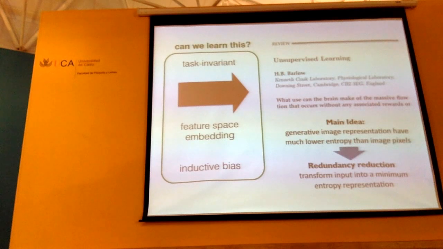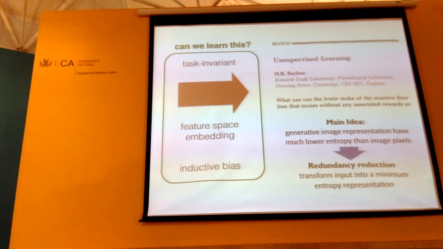The motivation, to remind you, was: could we learn feature spaces that are generally useful for vision? And the approach, following Barlow's suggestion, was unsupervised learning. The main idea was that if we think of encoding images in terms of a generative model, then such generative models would allow us to encode the information in an image with much fewer bits, so in a much more efficient way.